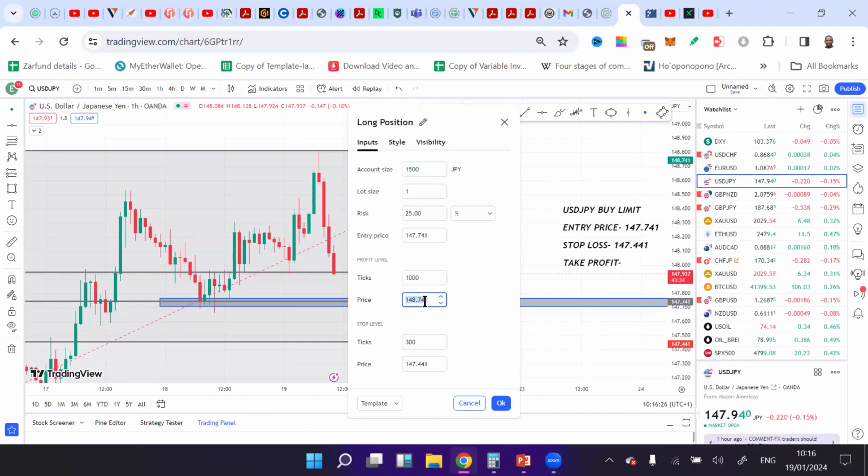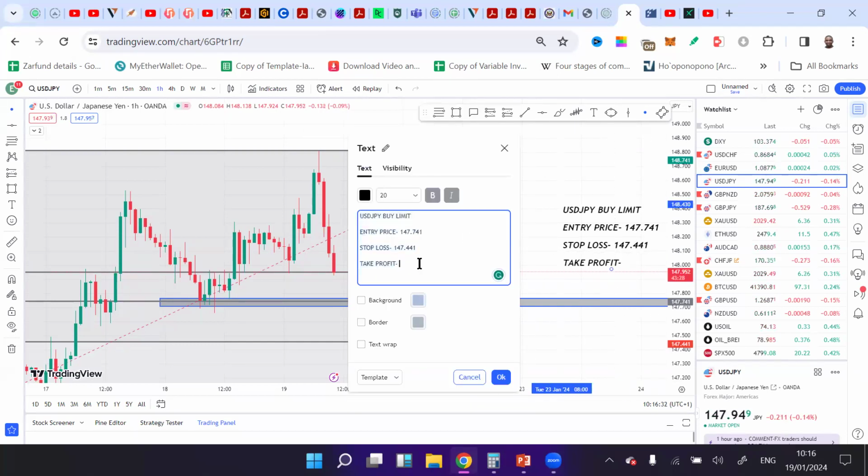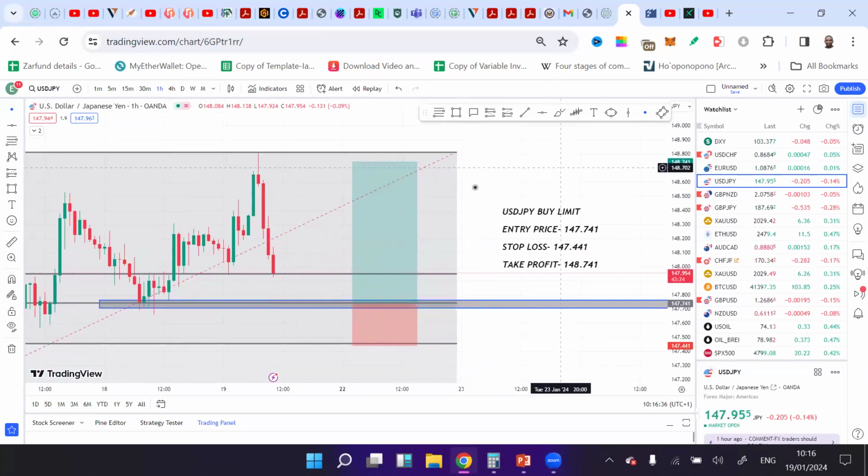Take profit is 148.741. So these are the parameters we have right now for USD-JPY.